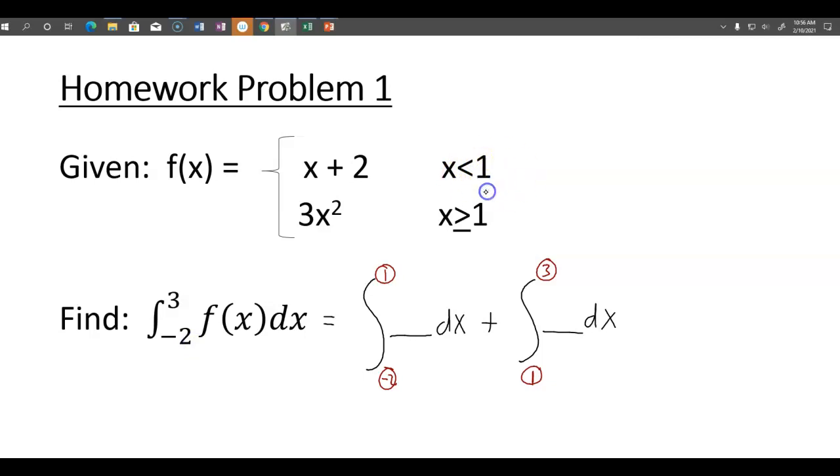All right. So for the first integral that we have there, we're going from -2 to 1. And those numbers are less than 1, and therefore the first piece will be x plus 2. For the second piece, it will be the other one, 3x squared, because if we're going from 1 to 3, those are the values of x that are greater than 1. Okay?